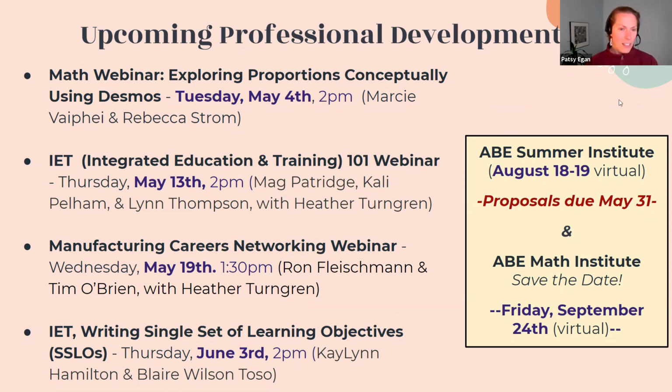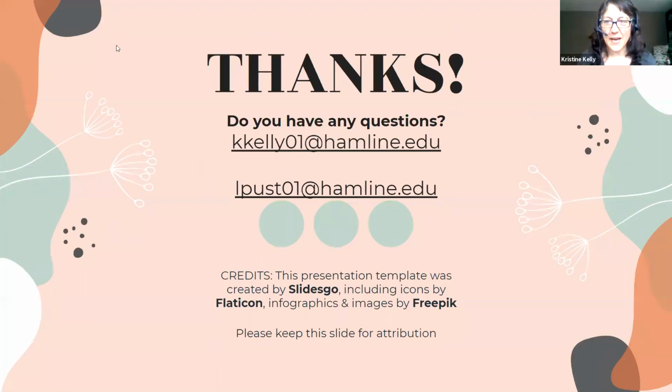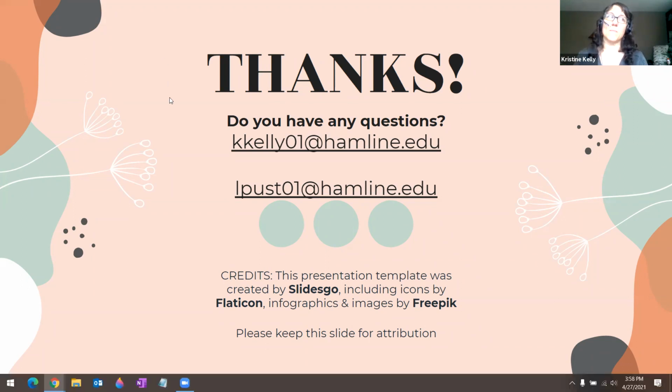So save the date. As you can see, IETs are being prioritized moving forward, providing more support to programs and some more clarity, particularly around those SSLOs. So you're going to see some focus on that.